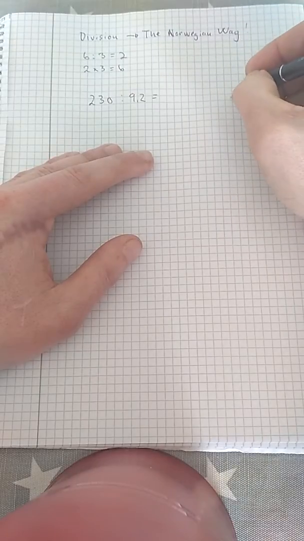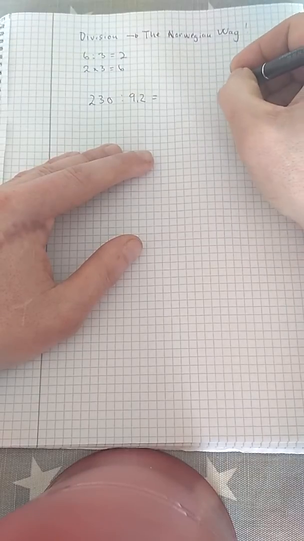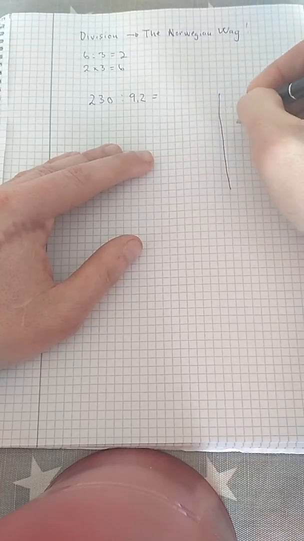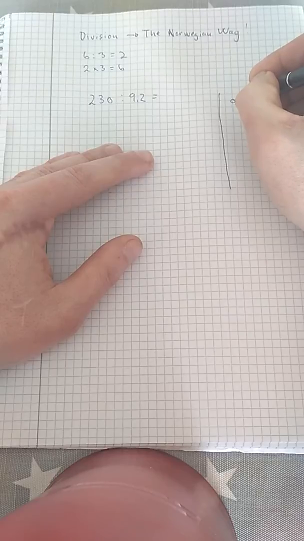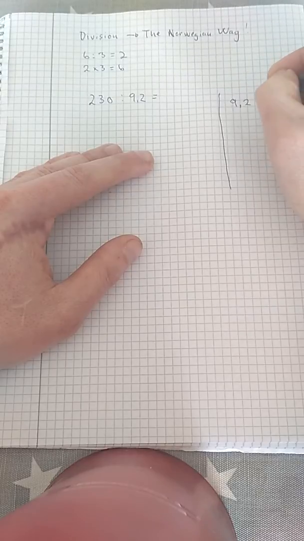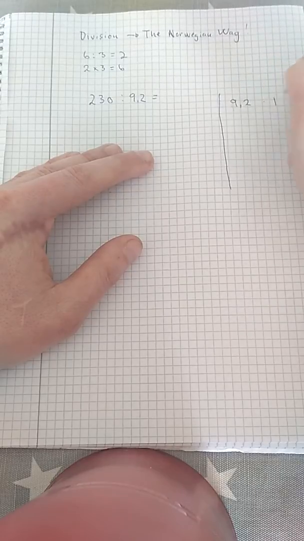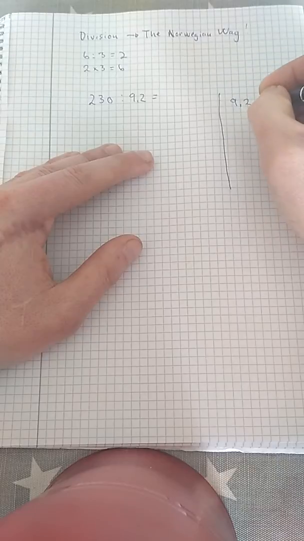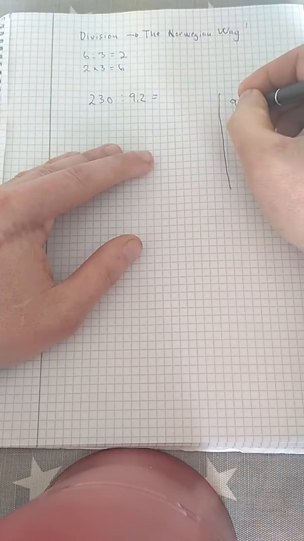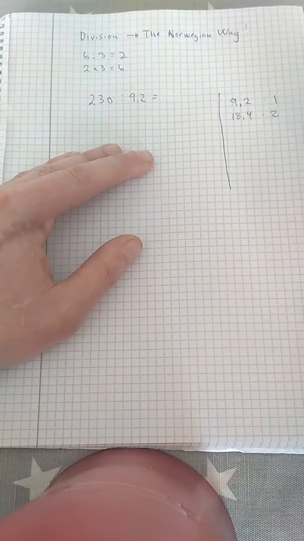What I do then is that I give myself some workspace on the right side, and I start with 9.2. That is like multiplied 1 time. Then I can multiply it 2 times and just double it, and then I get this number.